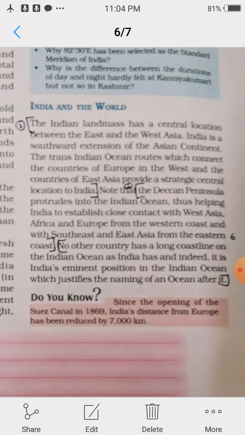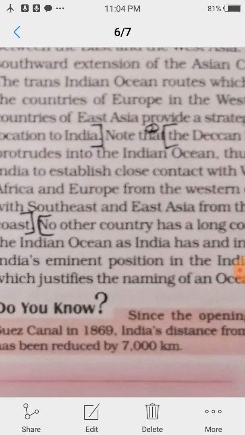No other country has a long coastline on the Indian Ocean as India has, and indeed it is India's eminent position in the Indian Ocean which justifies the naming of the ocean after it. Means the ocean's name is Indian Ocean because India's position is very eminent in this ocean.